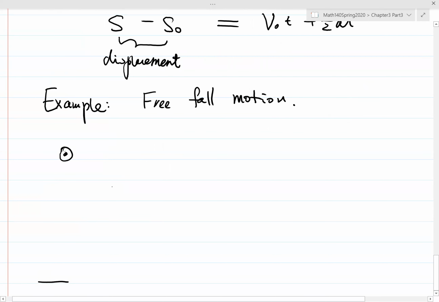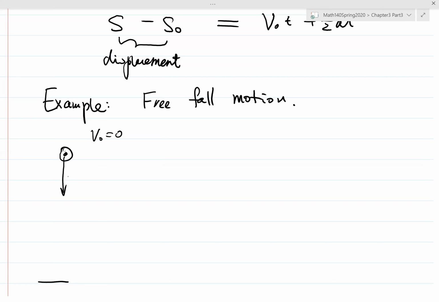Now if you set it free, let it go at velocity 0, initial velocity v0 to be 0. Now what's the acceleration? The acceleration will be constant on the Earth. The acceleration is the gravity constant g.